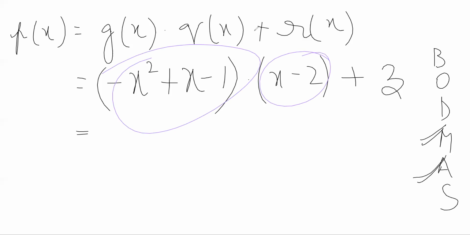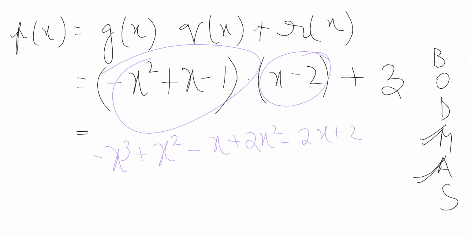When you do so, you get minus x cube plus x square minus x plus 2x square minus 2x plus 2.